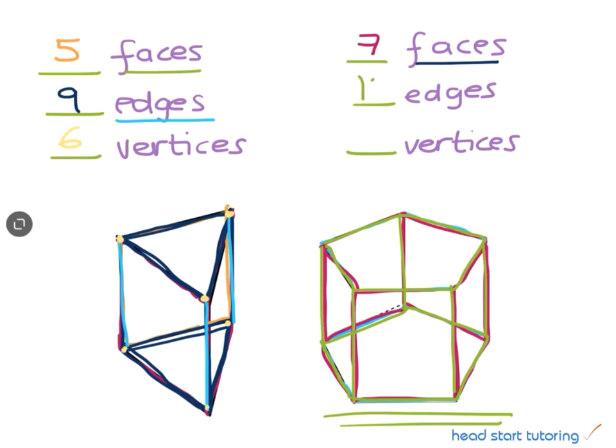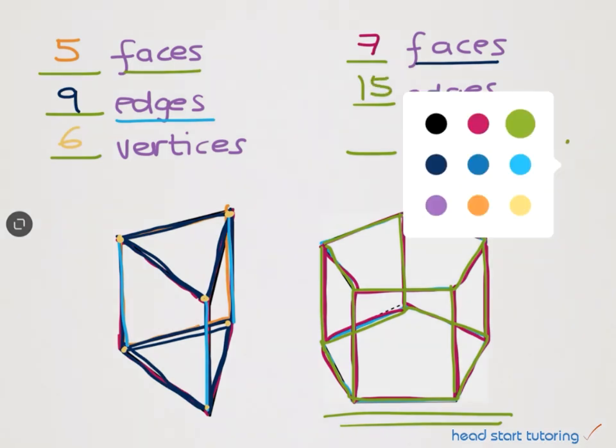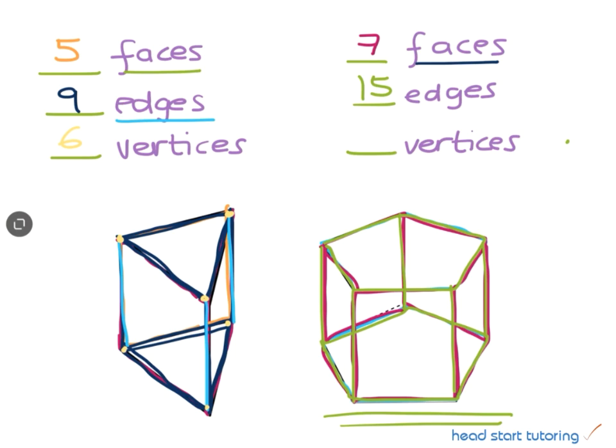So that gives us 15 edges altogether in our pentagonal prism. Right, let's have a look at how many vertices our pentagonal prism has. We've got 1, 2, 3, 4, 5, 6, 7, 8, 9, 10 vertices in our pentagonal prism.